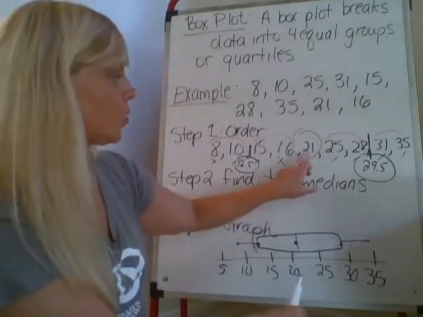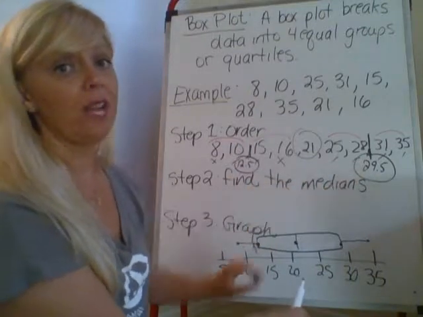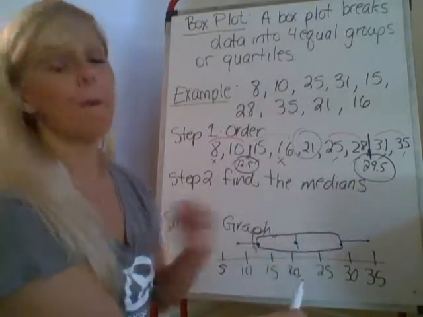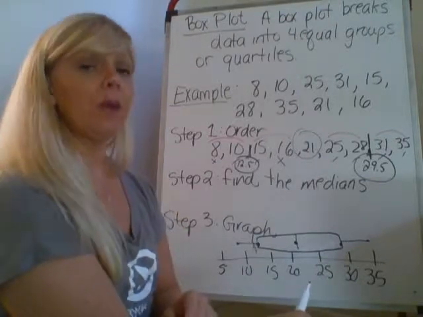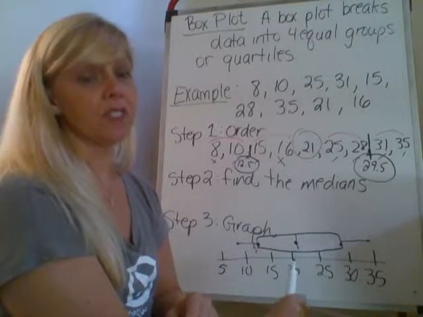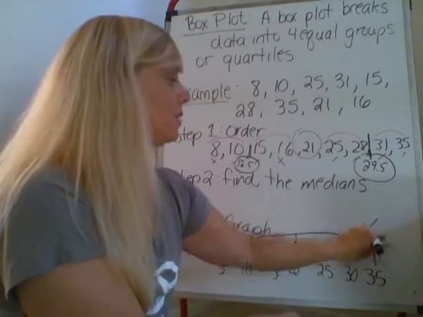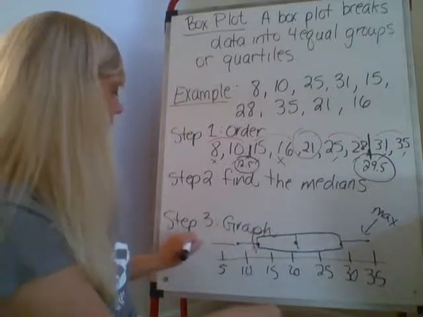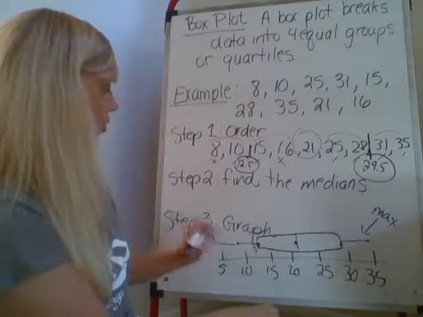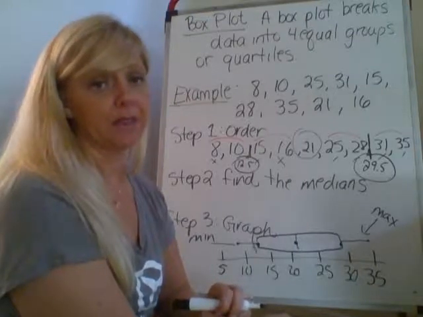In this example, 21 is an actual data number, but these 2 are not. So these 3 may or may not be actual data numbers, so please keep that in mind. The only numbers that I know with 100% certainty are in my data set are my maximum number and my minimum number. Those are the only two that are actual physical numbers in a data set.